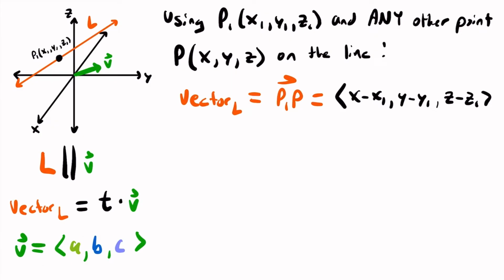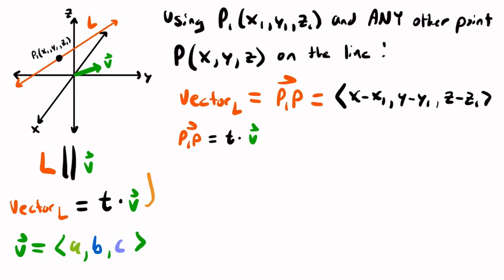And so now that we have defined this direction vector, vector v, and we have defined the vector lying along that line, we can rewrite this equation right here. Since we know that a vector lying along line L would be a scalar multiple of vector v, we could say that vector P1P is a scalar multiple of vector v, right? So we would have that vector P1P is equal to that scalar multiple of t multiplied by vector v.